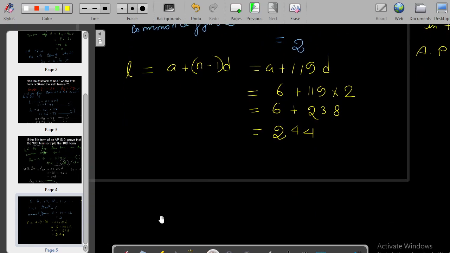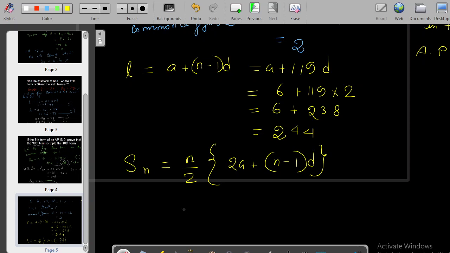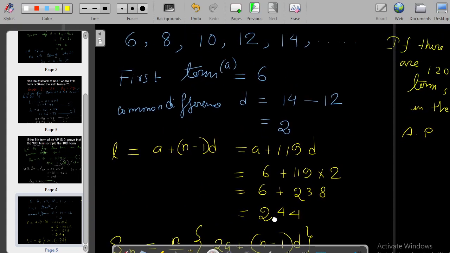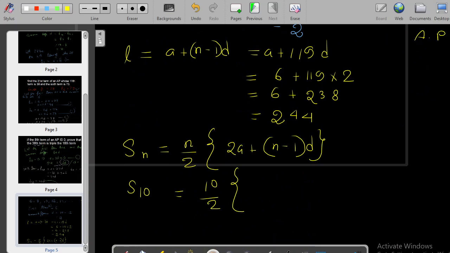And how to find the sum of the first 10 terms of the AP? That is S10, which is given by the formula Sn equals n by 2 into 2a plus n minus 1 into d. So n is 10 over here, a was 6 and the common difference was 2.